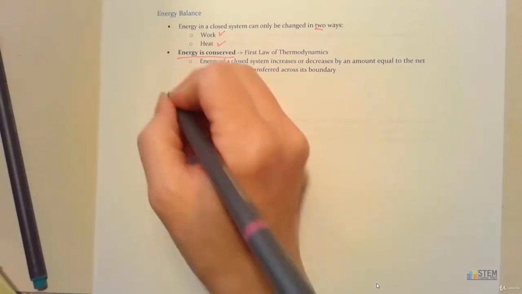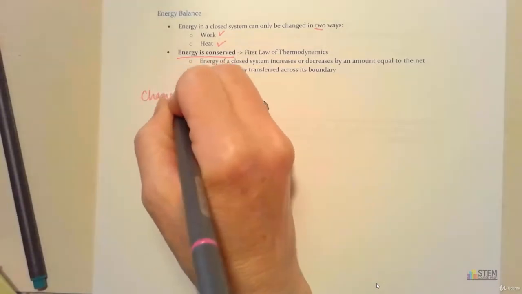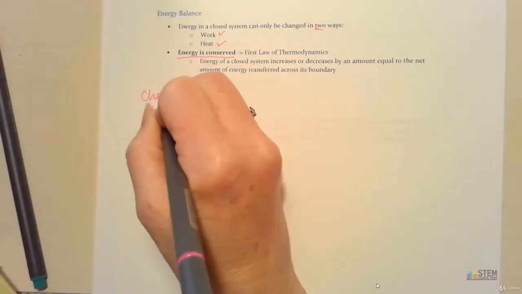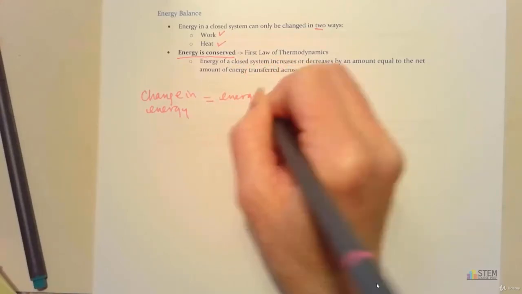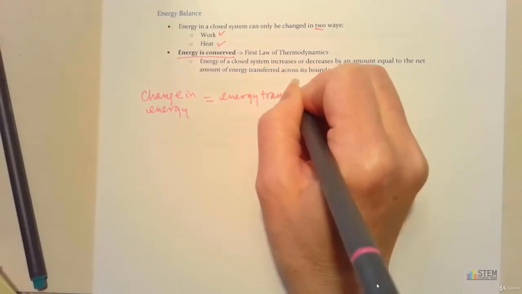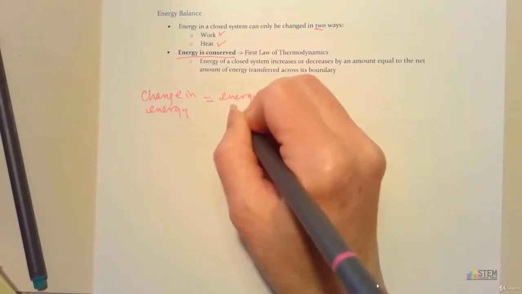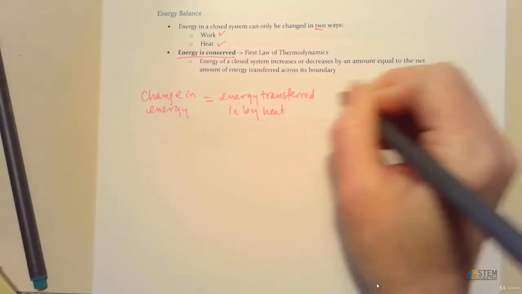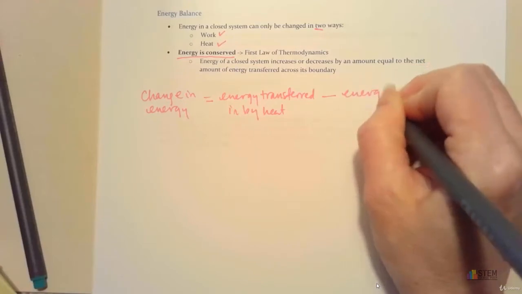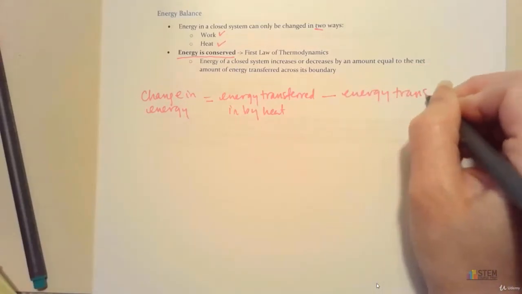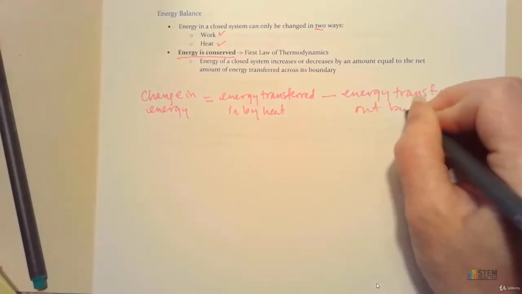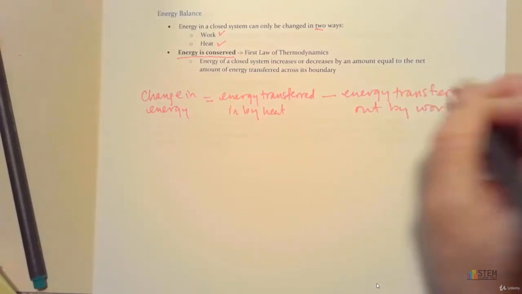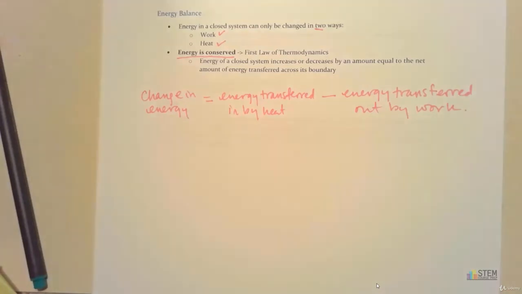That's basically saying that the change in energy is going to equal the energy transferred in by heat, and then we're going to subtract the energy transferred out by work. Okay, so that's essentially our first law of thermodynamics right there.